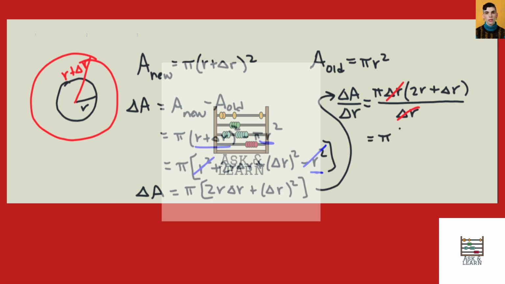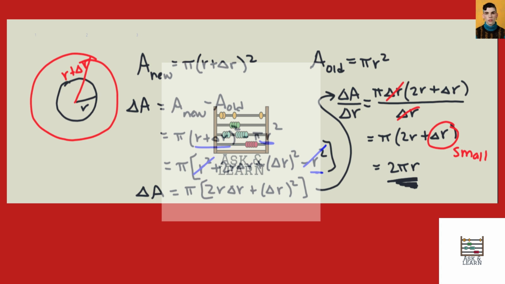Cancel the delta r from the top and the bottom, and we have pi times 2r plus delta r. Now suppose we're looking at a very small delta r. If delta r is extremely small, then that's essentially 0, and what we have left is 2 pi r, the circumference of the circle.